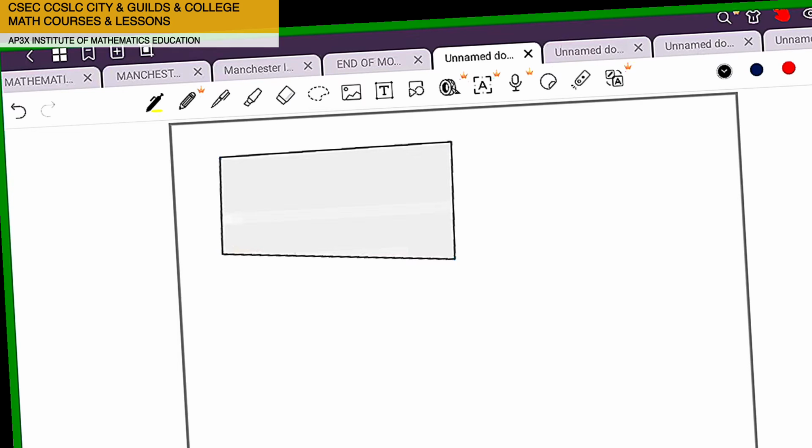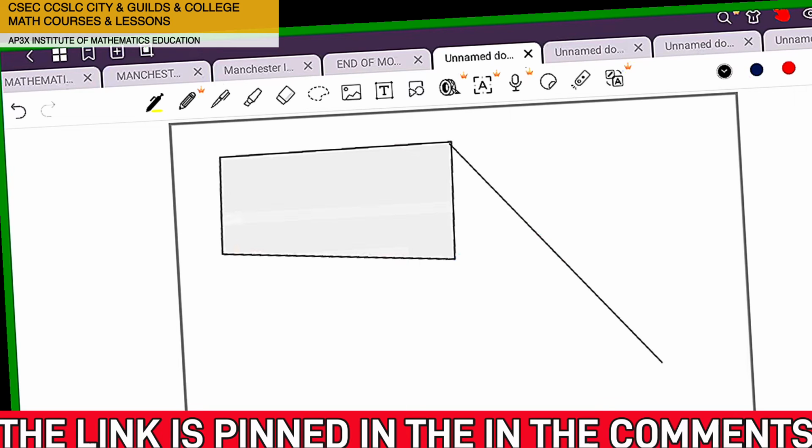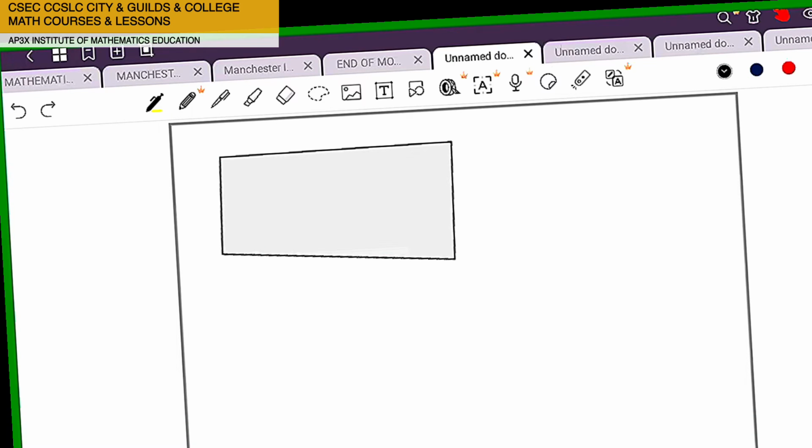Give me a second, guys, I'm trying to get the shape.